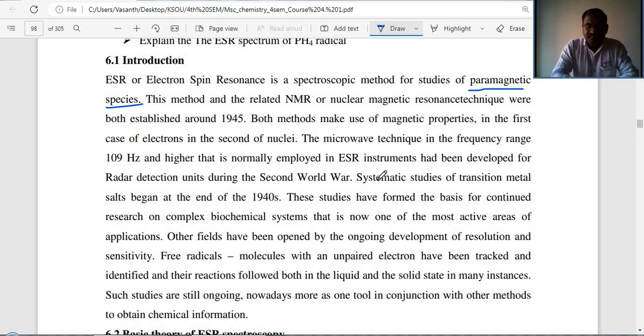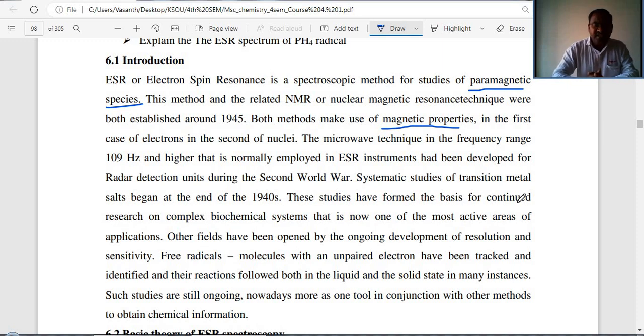Paramagnetic means the species which is having unpaired electrons in d orbital, or the complex having unpaired electrons in the d subshells. This ESR spectroscopy is related to the nuclear magnetic resonance technique. Both methods make use of magnetic properties.